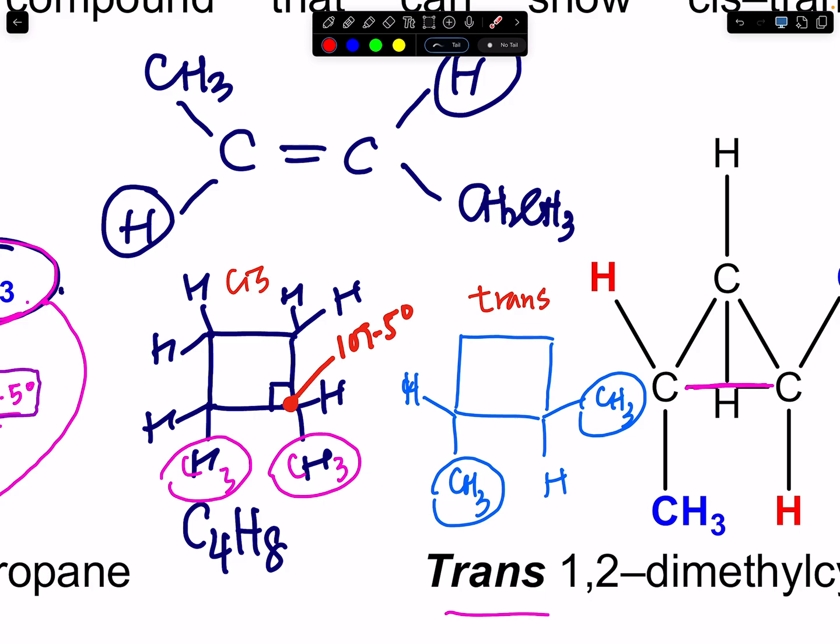As you get closer and closer to the target, which is 109.5, your angle strain will be lesser and lesser. So there will no longer be restricted rotation. And that's why you don't observe cis-trans isomerism in rings that are carbon 6 and above. That's why your syllabus only deals with carbon 3 and carbon 4.